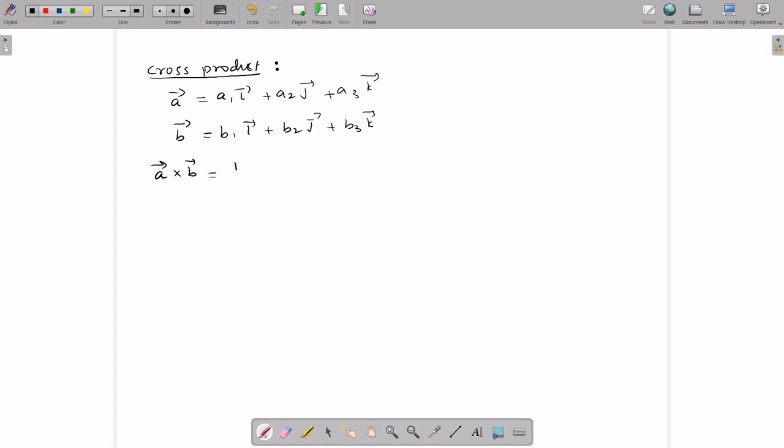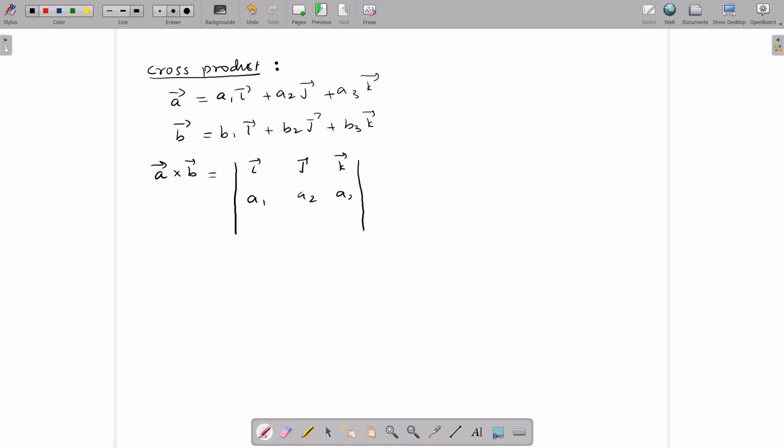That is, this value is obtained using the determinant of a matrix. The matrix elements are obtained by using the coefficients of A vector and B vector. First you write i vector, j vector and k vector here, and then next we write the coefficients in A vector: A1, A2, A3.